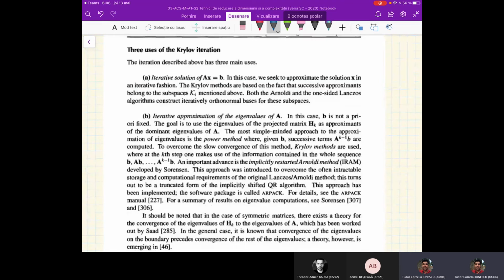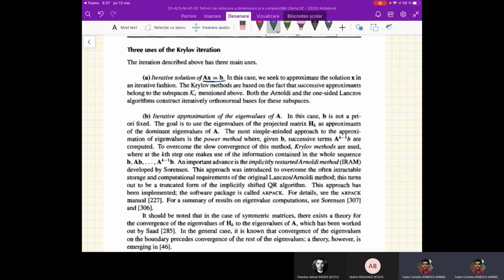Where do we use this specific Krylov iteration? Okay, and here they are very nicely exhibited, the three main uses of such an algorithm. For instance, the iterative solution of the general algebraic system AX equals B. In this case, we seek to approximate the solution X in an iterative fashion.